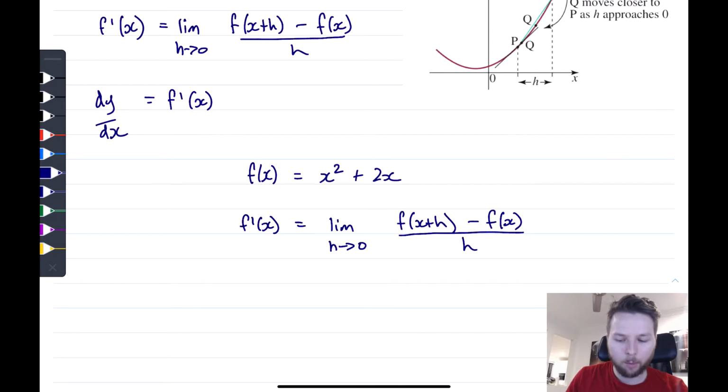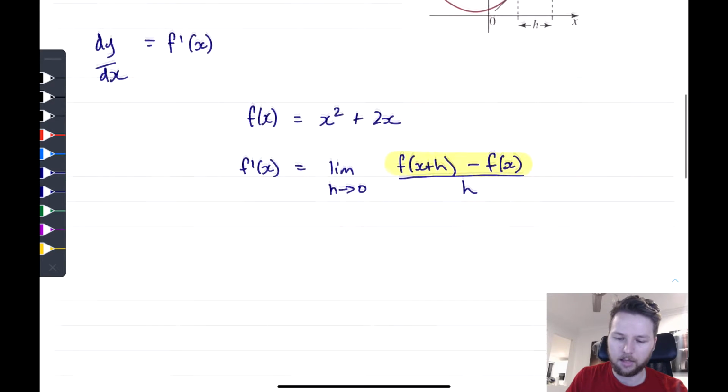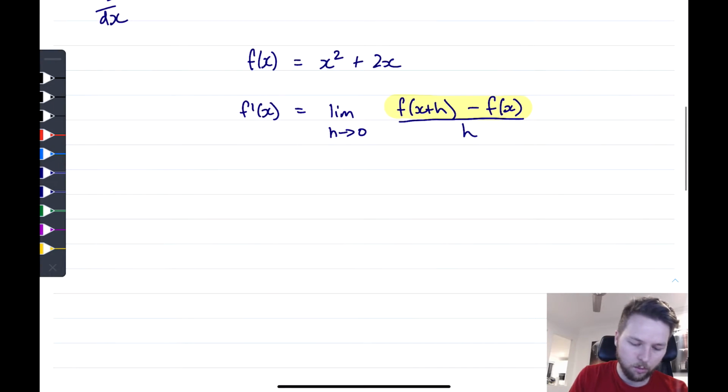The best way to approach a question like this is to work out your numerator first, this top part of your function, because it's going to get annoying to rewrite all of this stuff every single time you simplify what's going on up here. You'll see what I mean in a second. So we're going to find out what our numerator is first before we plug it into this formula.